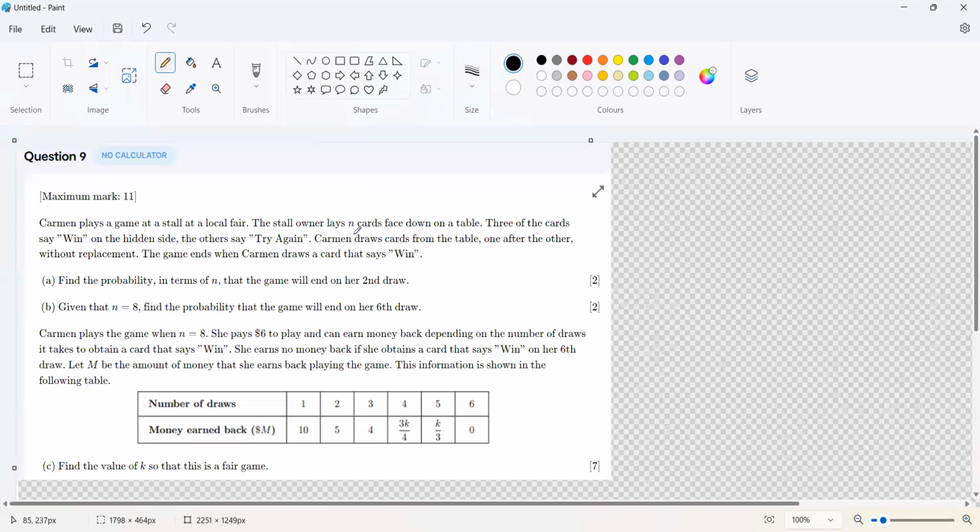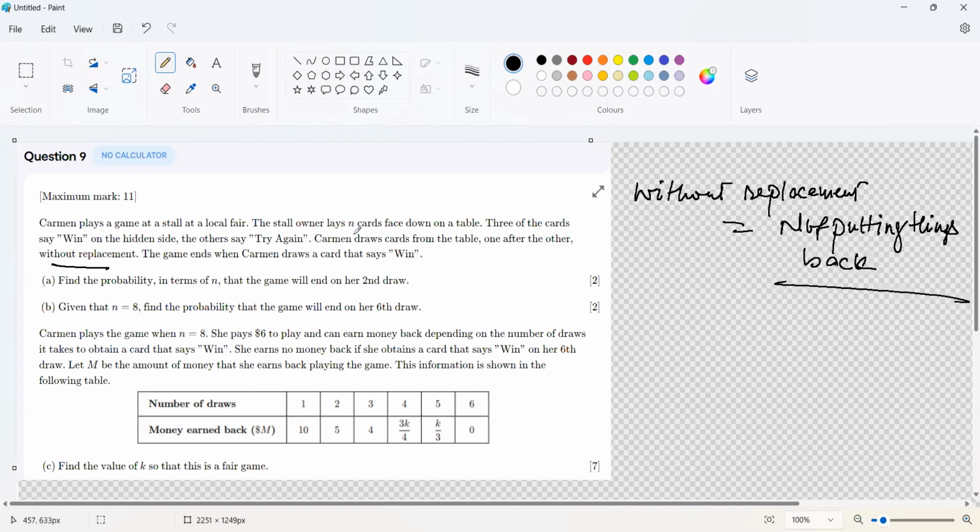What is the without replacement? Do you know what without replacement means in probability? Without replacement means that whatever you take from the bag, you are not putting it back.